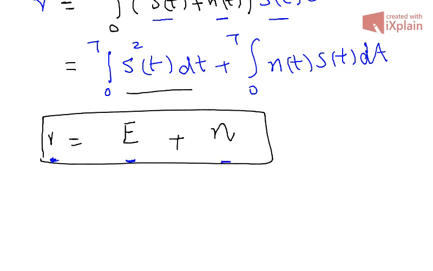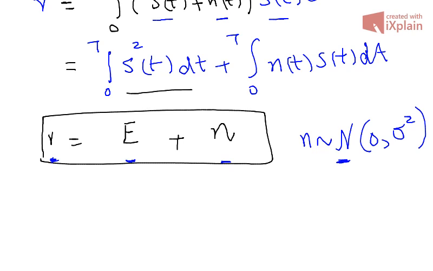This noise term is actually Gaussian. It is a zero mean Gaussian process. Specifically, this n is normal with mean 0 and variance sigma square. It's a zero mean Gaussian process.